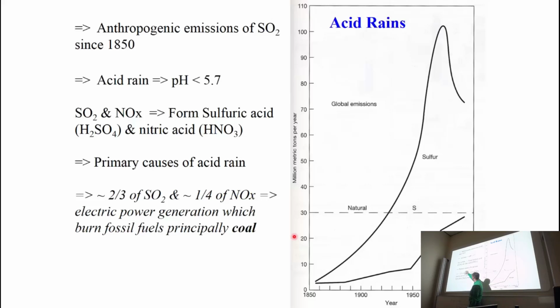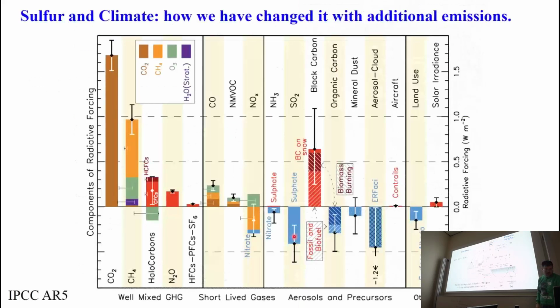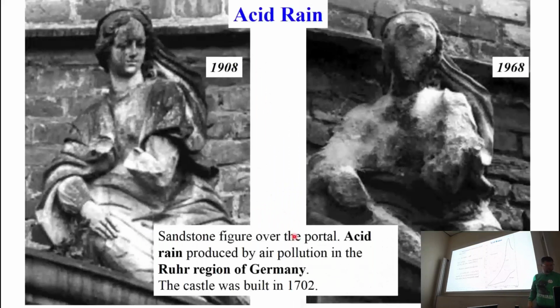So we're adding sulfuric acid and nitric acid to the atmosphere, and these are causing acid rain. So that's these bars here. This is not acid rainness, but this is the radiative effect of having these acids in the atmosphere, which is to act as a radiative cooling through forming more clouds. But they're both also causing acid rain.